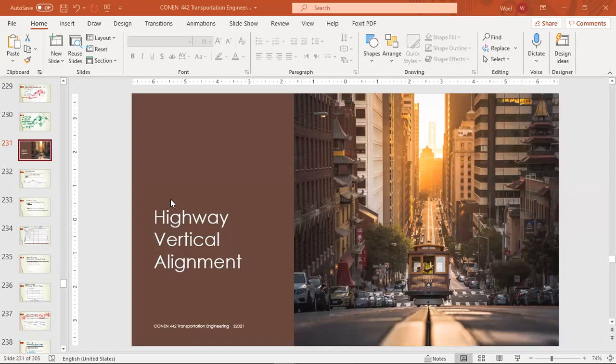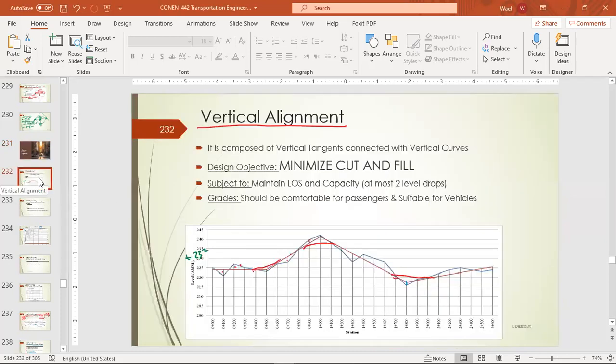As I mentioned before, the highway vertical alignment is composed of a group of tangents that we make to smooth the ride of vehicles over the natural ground level.